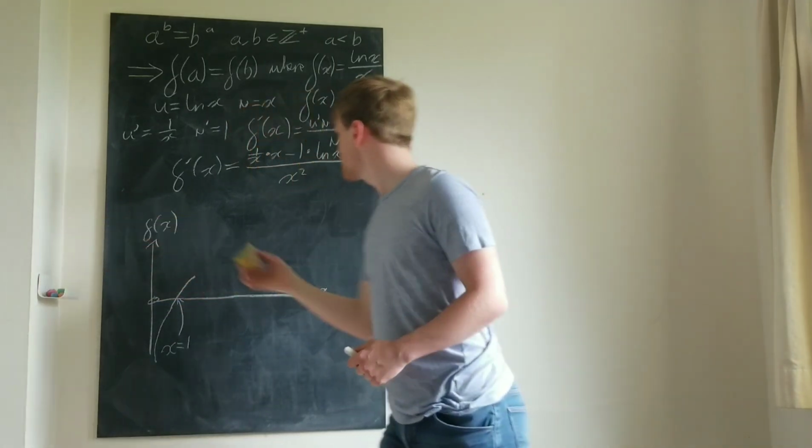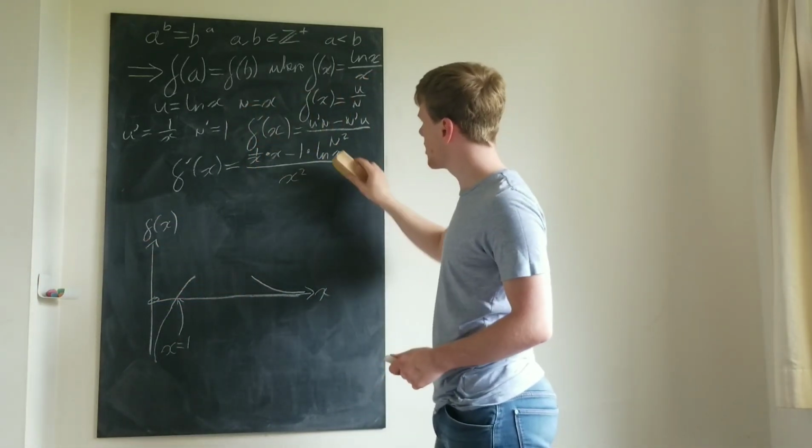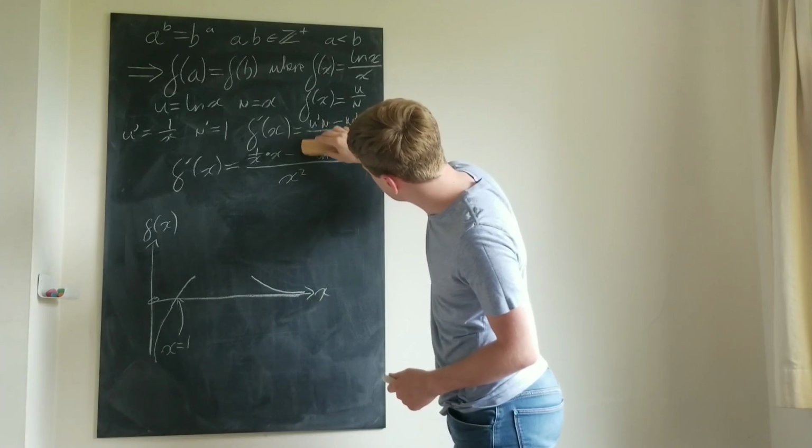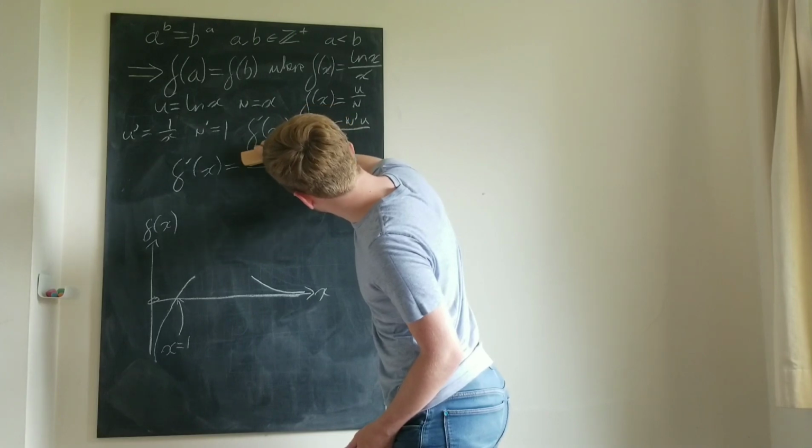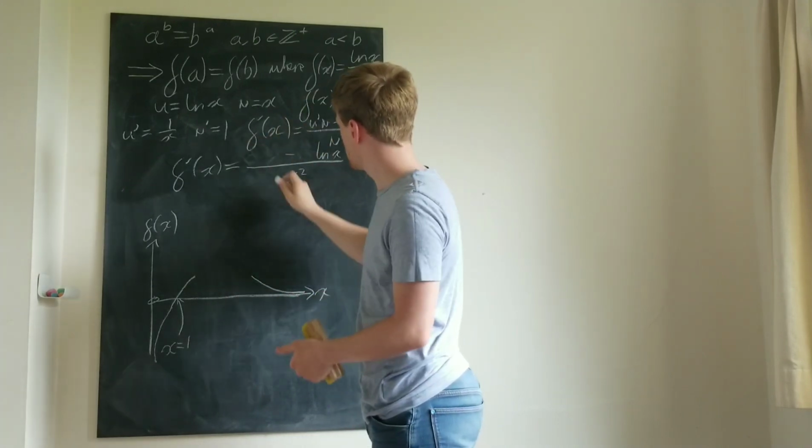Now, to simplify things a bit, this minus 1 times ln x is just minus ln x, and 1 over x times x is going to be just 1.